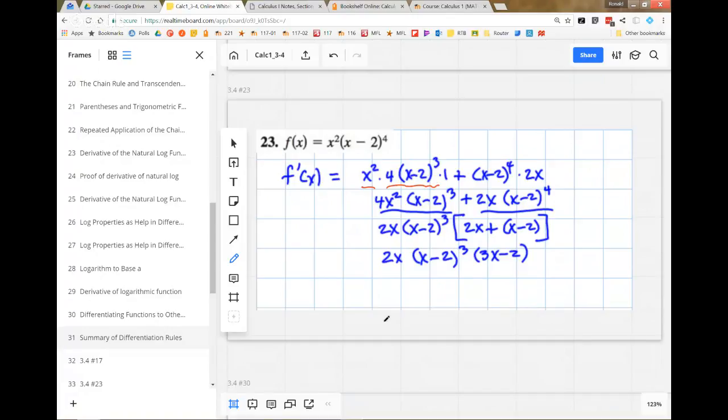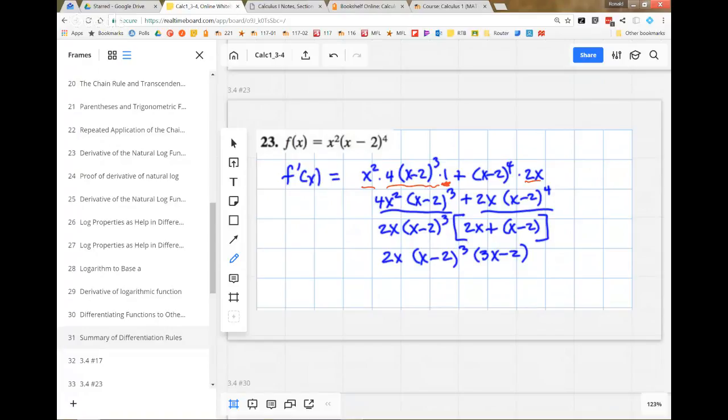You really need to think about the chain rule there, though. And the derivative of x minus 2 is just 1. So had you forgotten, you'd have gotten away with it there. Plus the second times the derivative of the first. Then it's just a matter of getting everything together. This is 4x squared, and bringing it together.